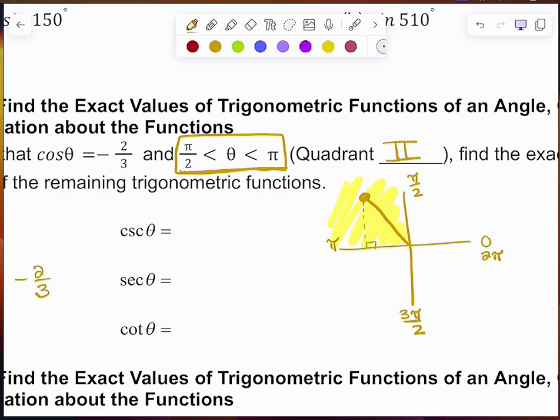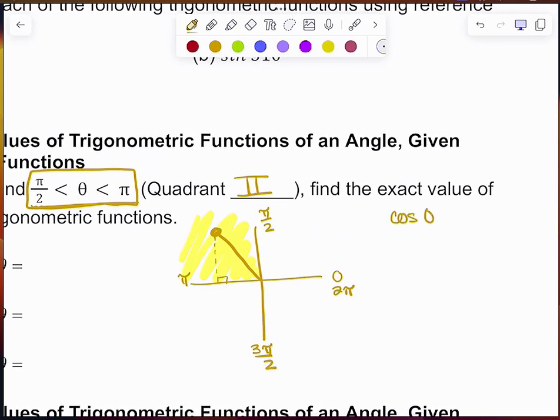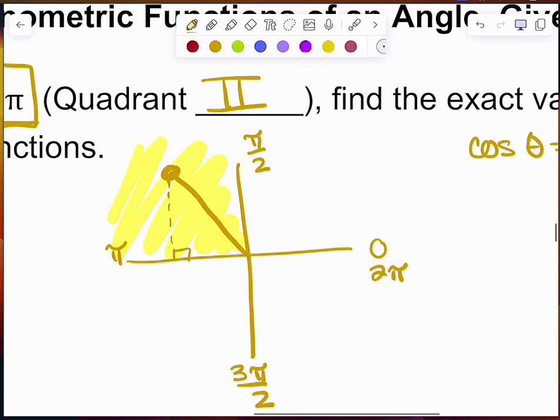If I know that my cosine is negative 2/3, I know that opposite over hypotenuse is negative 2/3, which tells me.